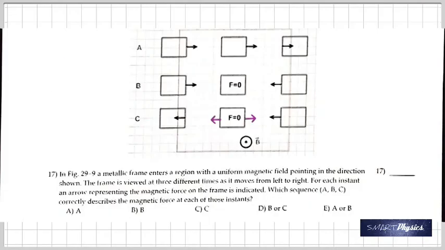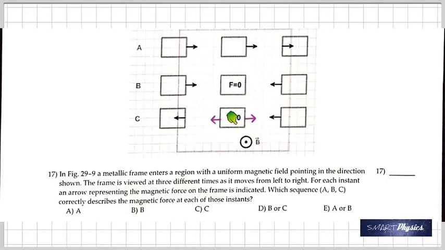And in this question, the magnetic field is coming out of the paper, and as this frame just enters, the force is going to be towards this side by the right hand rule. But when it comes to the center, you have a current that goes up through this part and then here down through this part.